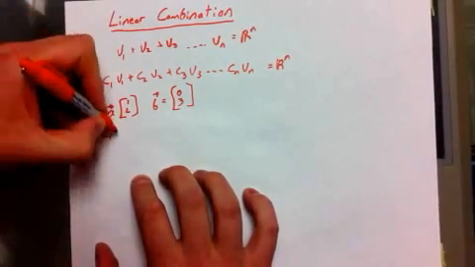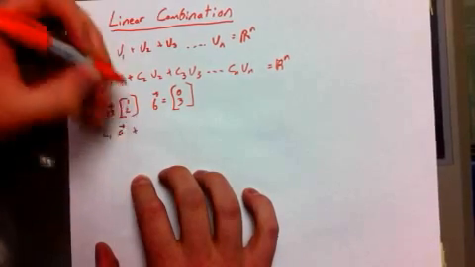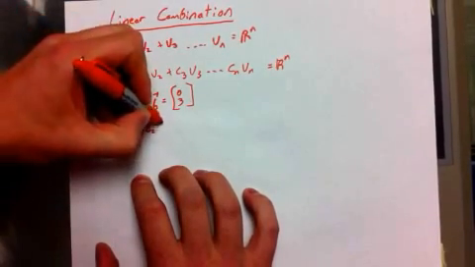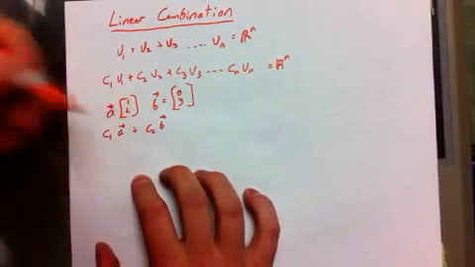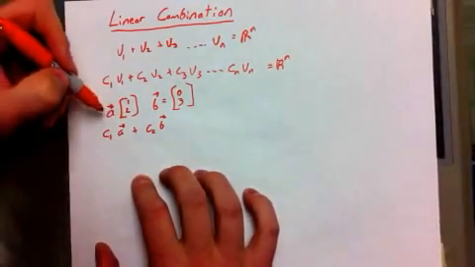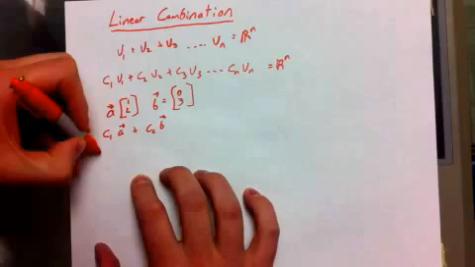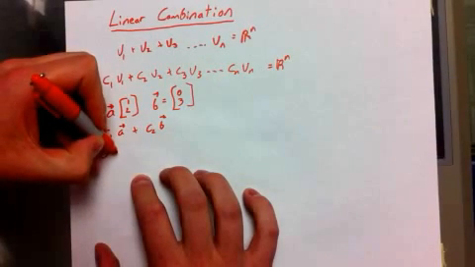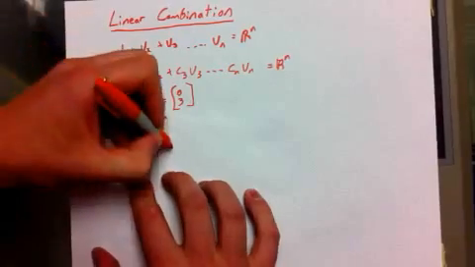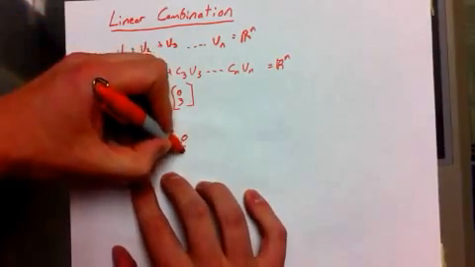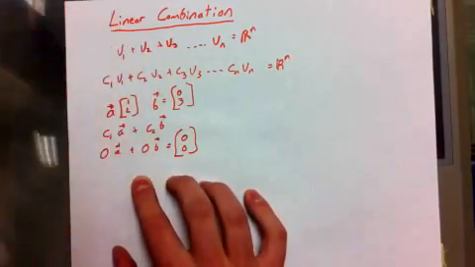So we have C1 of A plus C2 of B, and any value we plug into these will be a linear combination of the vectors A and B. So we could do 0 of A plus 0 of B. It's a valid linear combination, and that's going to give us (0, 0), the zero vector.